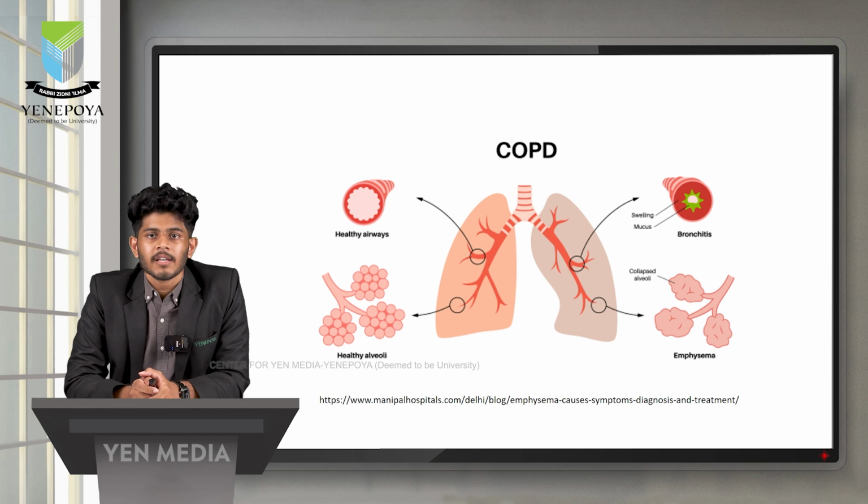So here you can see a diagram where you can differentiate a healthy bronchial tube and healthy alveoli from an infected bronchial tube and collapsed alveoli.